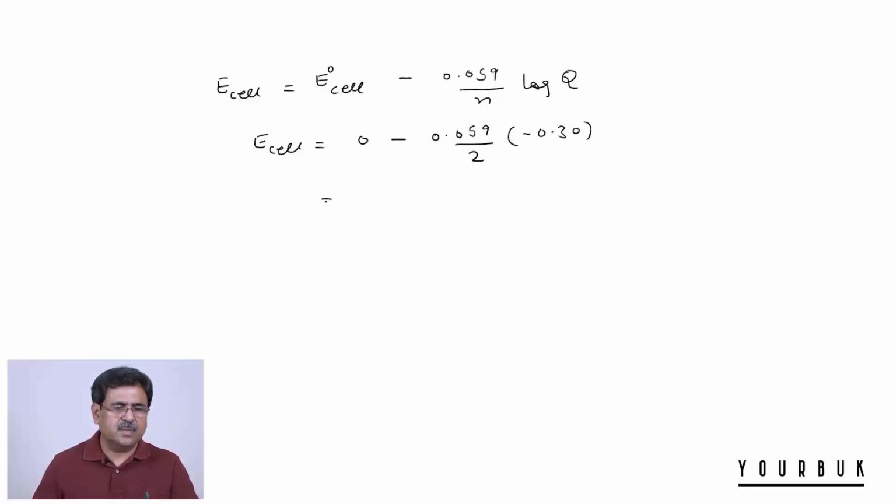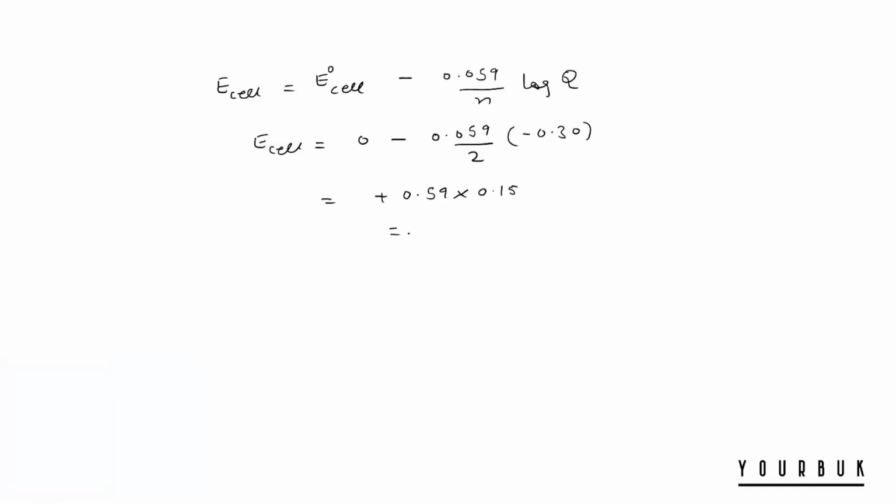So this comes to be plus 0.059 into 0.15, and this is equal to 0.00885 volt. So this is E cell.